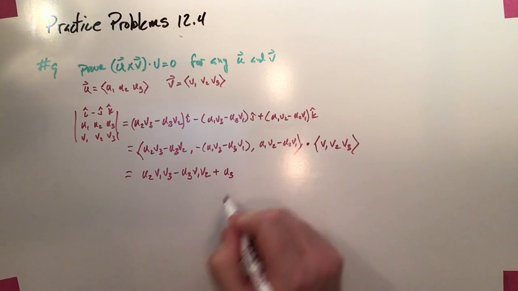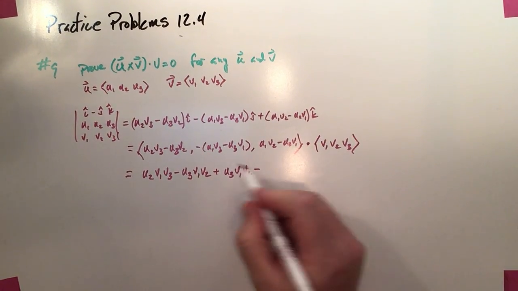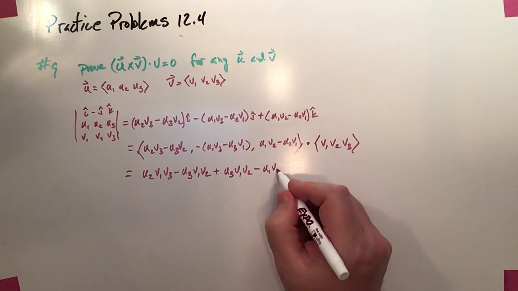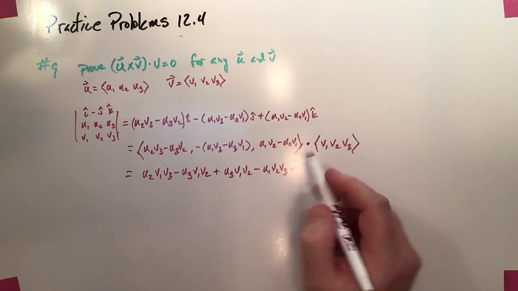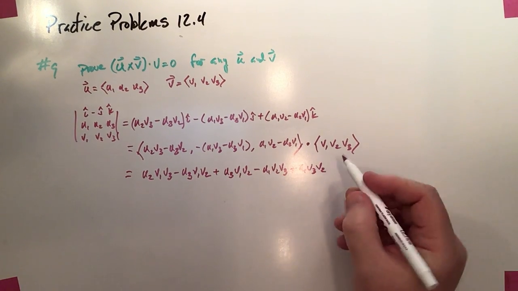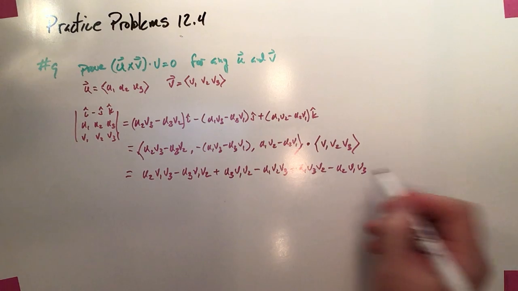It'll be u3 v1 v2 minus u1 v2 v3. And then finally the last one, plus u1 v3 v2 minus u2 v1 v3.